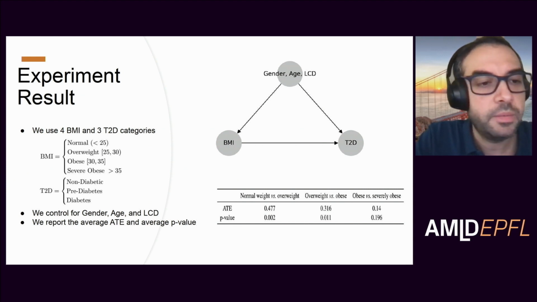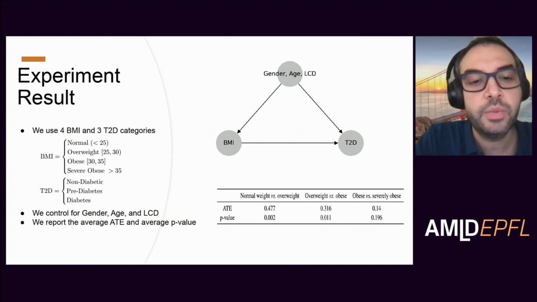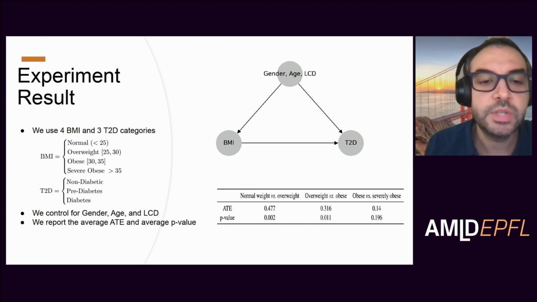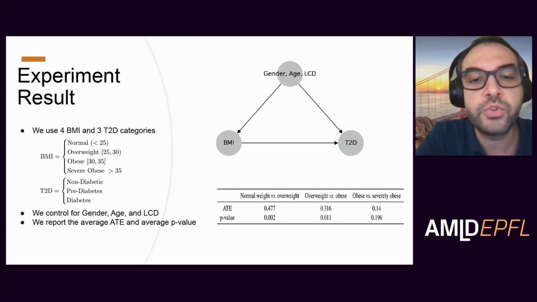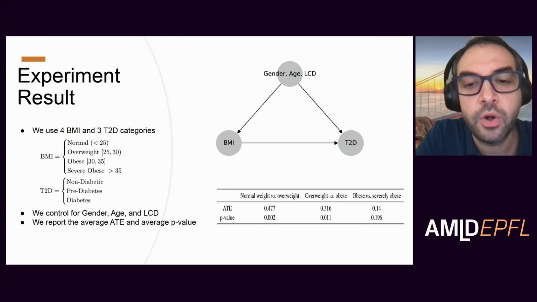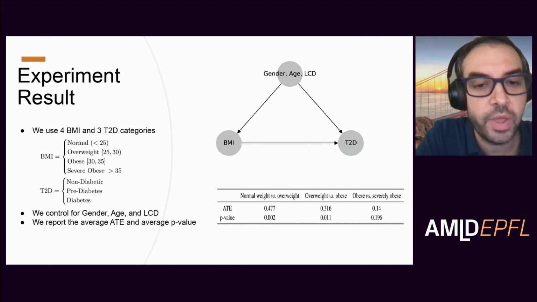And for type 2 diabetes, we have non-diabetic, pre-diabetic and diabetic. We see in the table on the bottom right that the average treatment effect is positive for all three categories, actually being higher for the normal versus overweight ones.